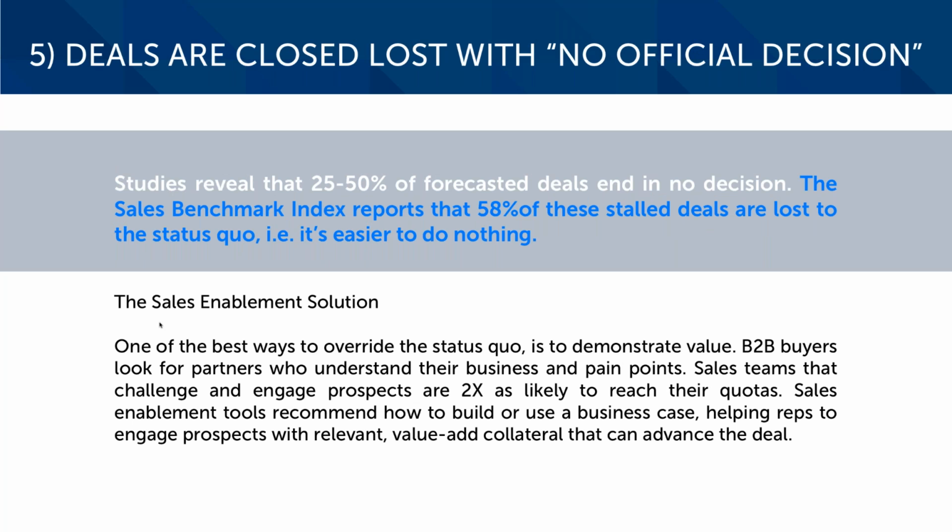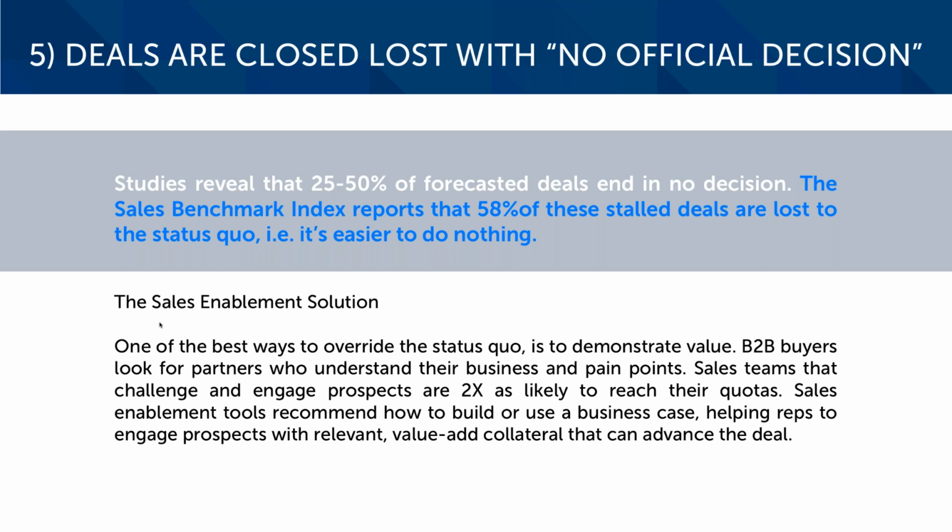The fifth element, or indicator, that you need to do something about sales enablement is that your deals are closed with no official decision. I don't think you'd be surprised to know that for the most part, sales reps will give you a reason why they lost the business that is not real.